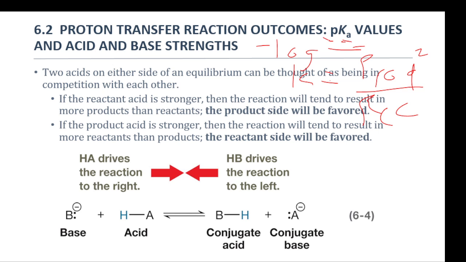So in this case, because we're doing a negative log, if we have a larger value of pKa, what does that mean? A larger value of pKa is going to be a smaller K number.